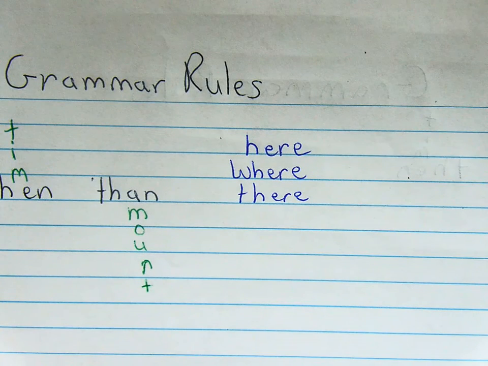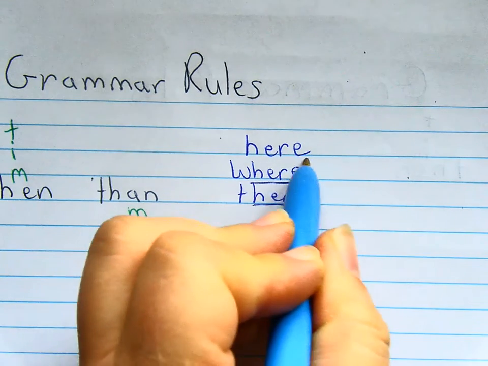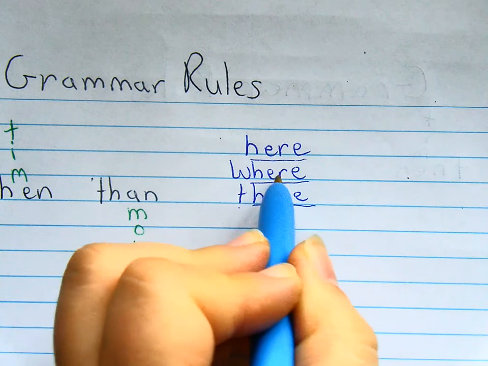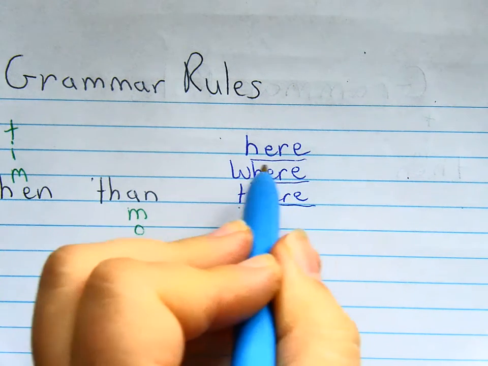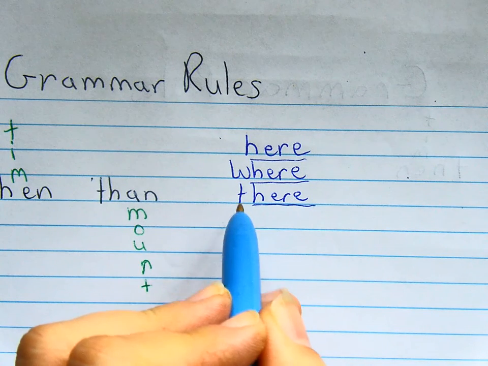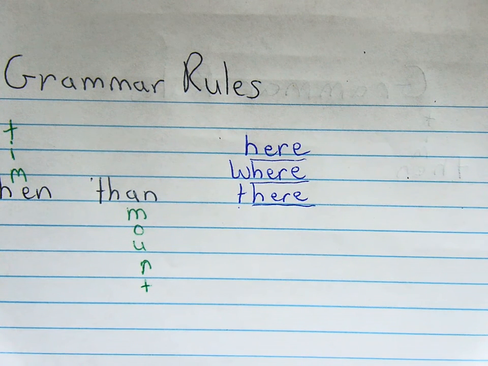So if you're ever wondering which there you need to use, the question is, are you here or there? Because wherever you're at, here's where you are. So there has to be a here and every there to know where you're at. So that's a little trick on that one.